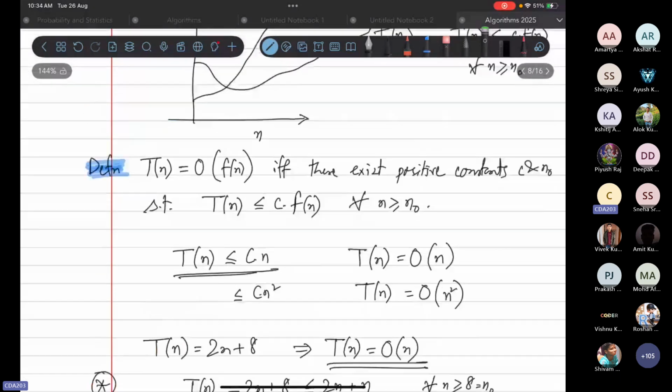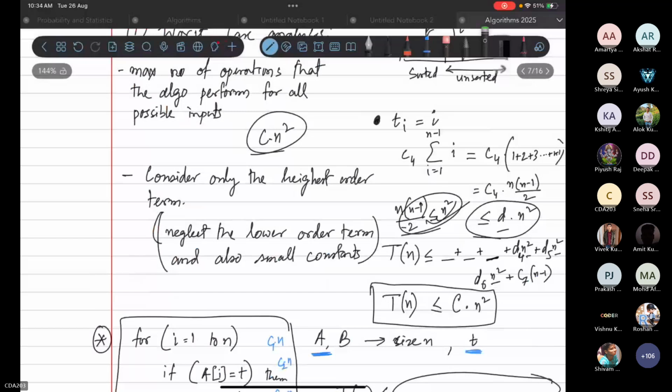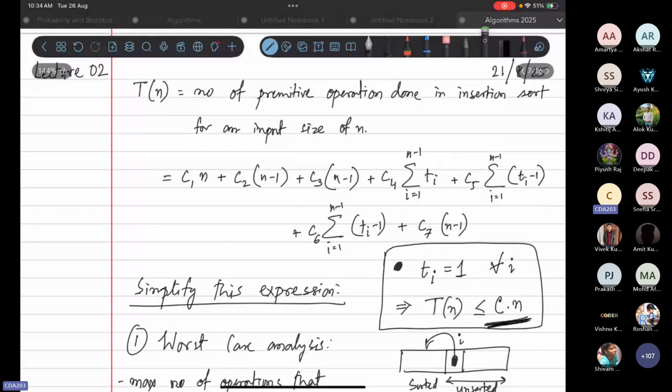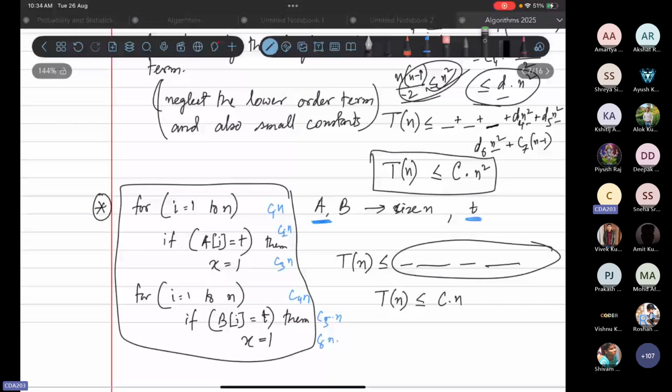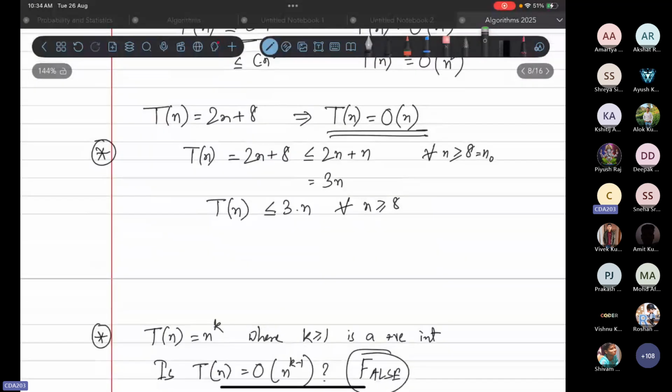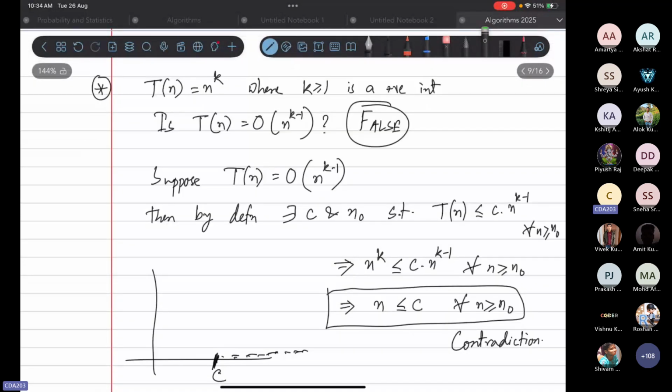And we also continued with the running time analysis of insertion sort. And in tutorial class, selection sort and bubble sort were discussed.